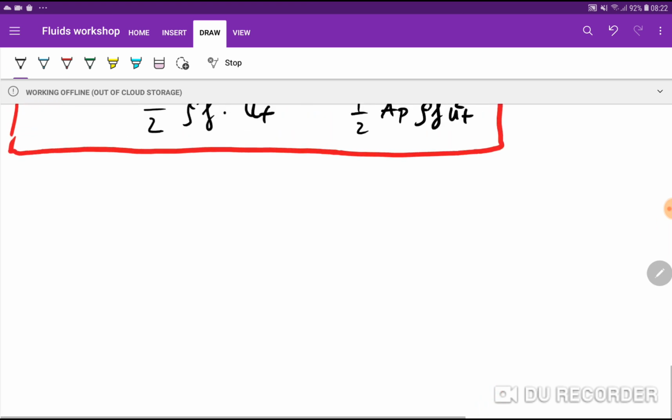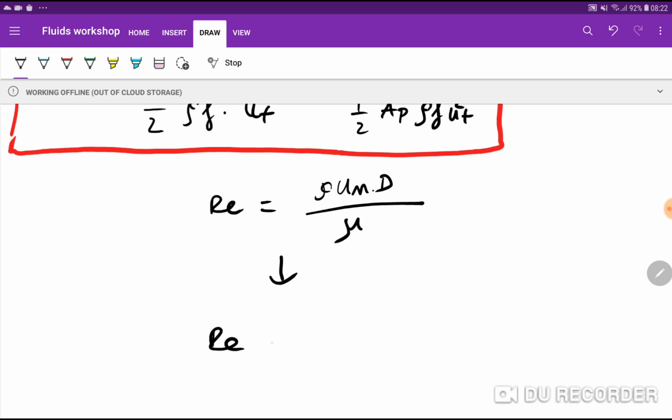The Reynolds number used to be rho times mean velocity times diameter over viscosity, right? Now it's still the Reynolds number, but it's the density of the fluid, rho F, times terminal velocity UT times diameter over mu.